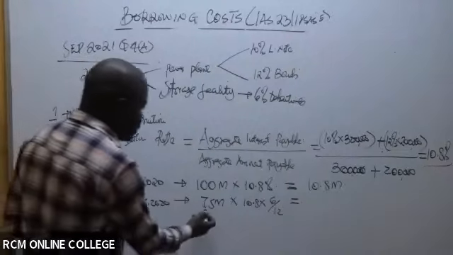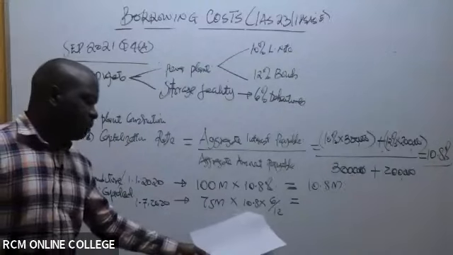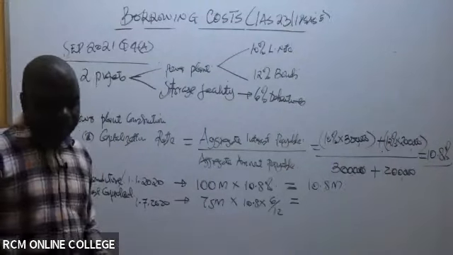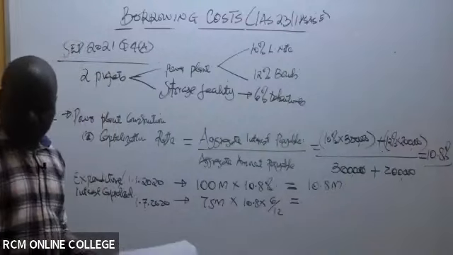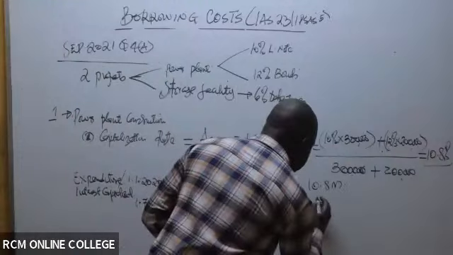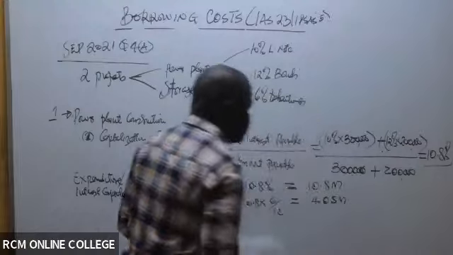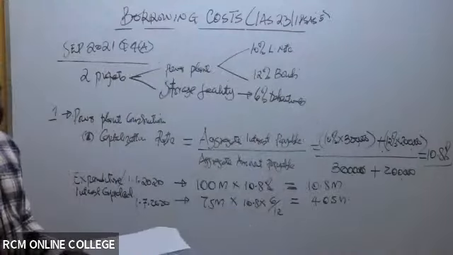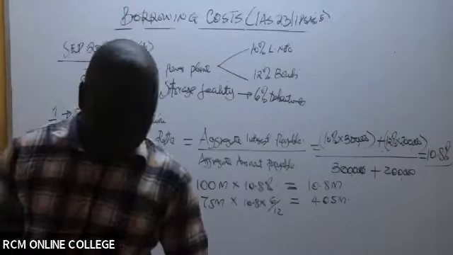What about 75 million by 10.8% by 6 months? How much are you getting? 4.05 million.